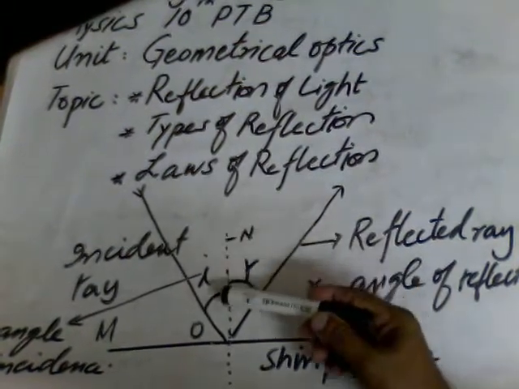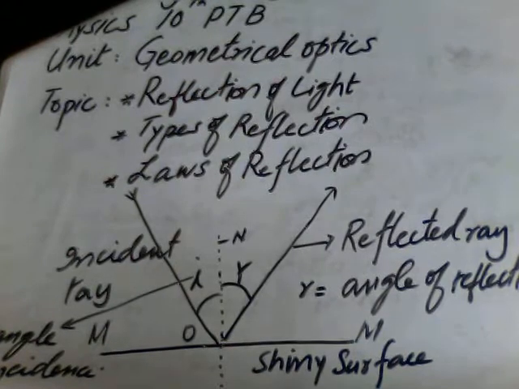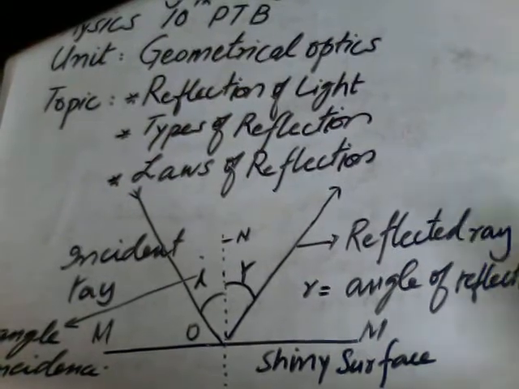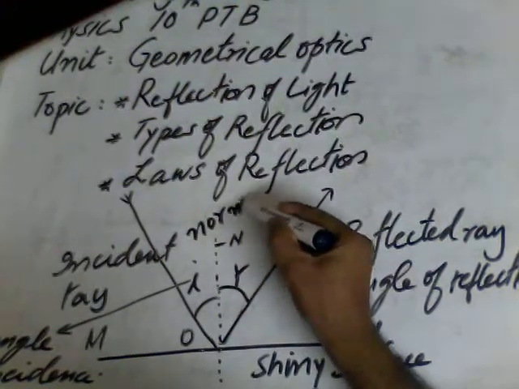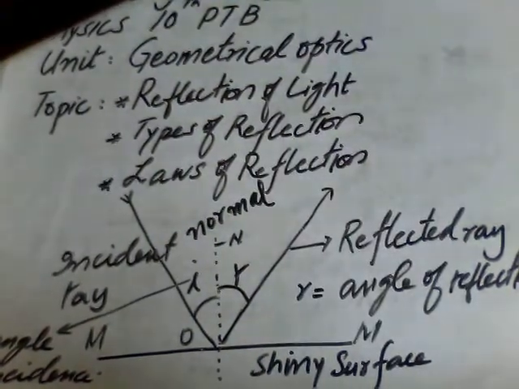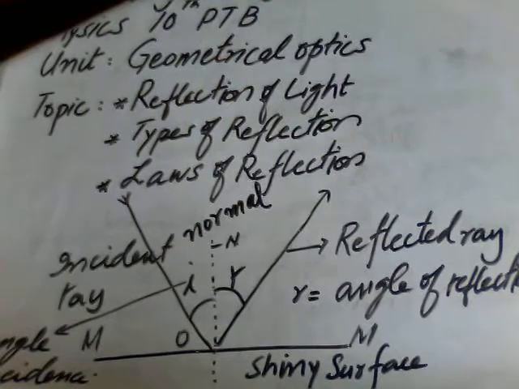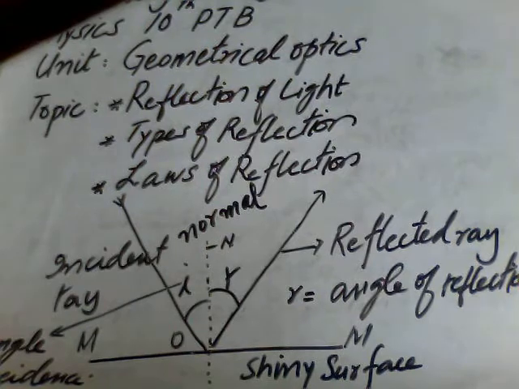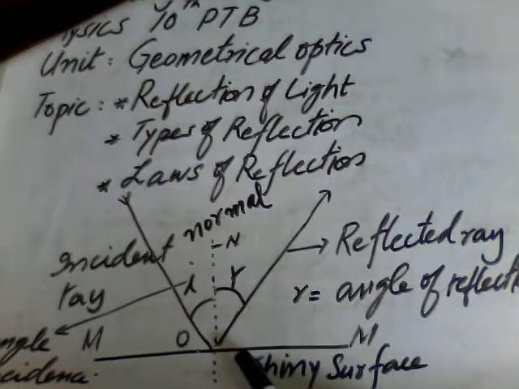There is one more dotted imaginary line perpendicular on the surface of MM. This imaginary line, we call it normal. This normal is an imaginary perpendicular line on the surface of the mirror at the same point as that of the incident and reflected ray.